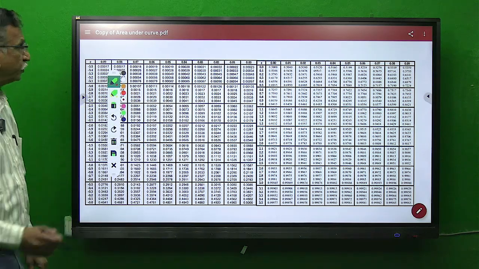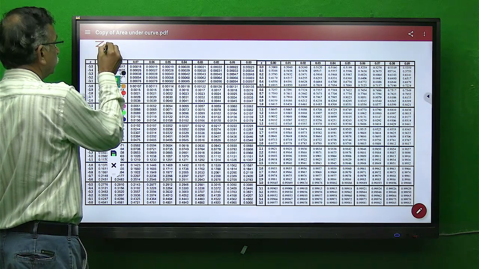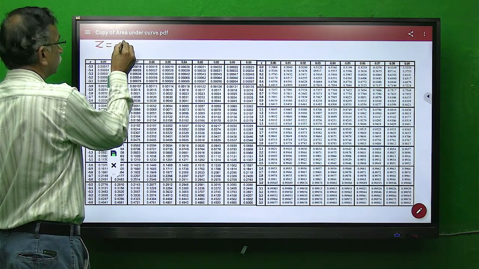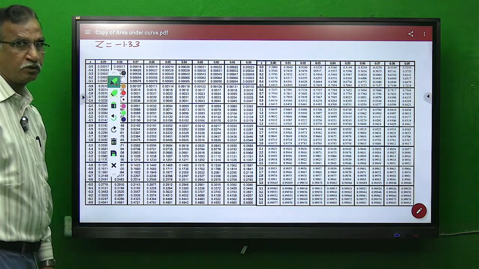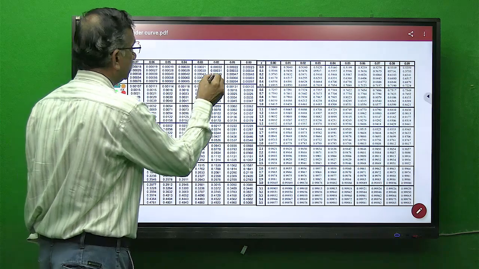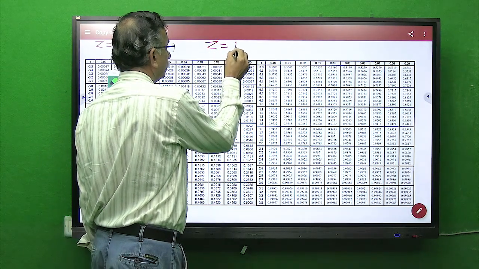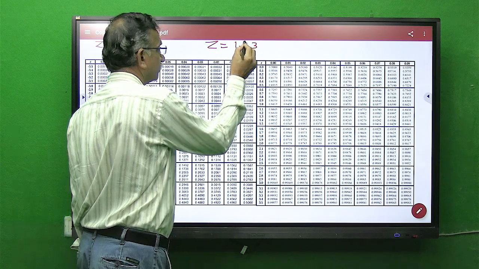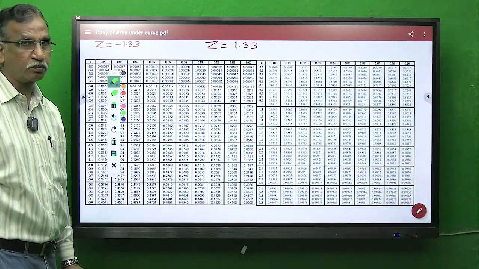So now if you recall, our first case was z equal to minus 1.33. Yes, we have estimated this. Our second case was z equal to 1.33. I have said that keep these values in your mind.